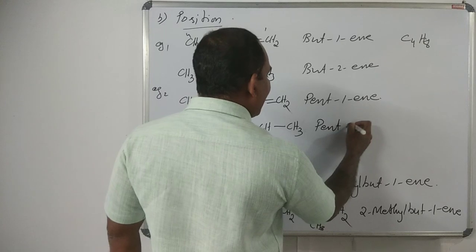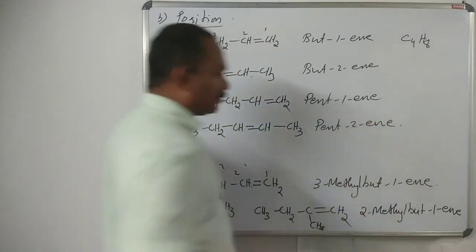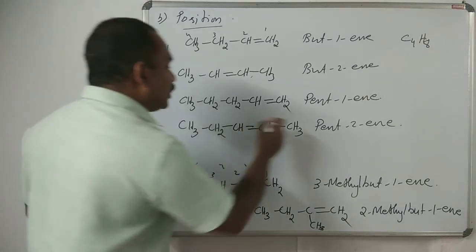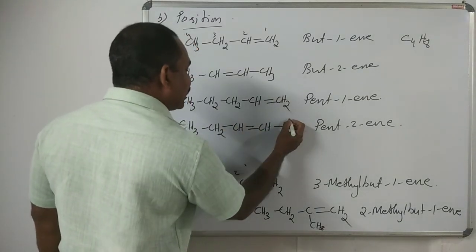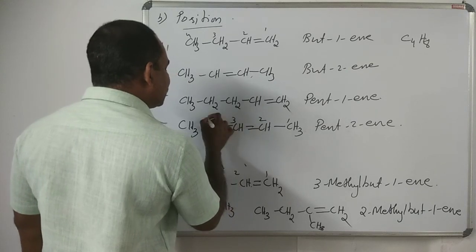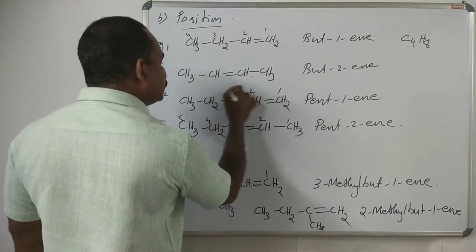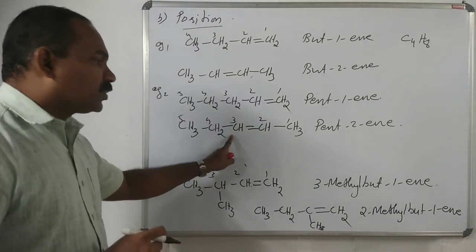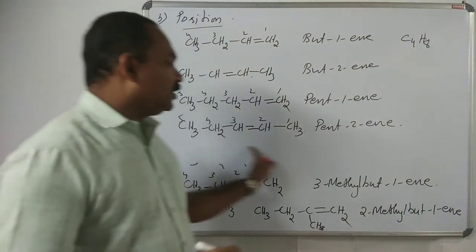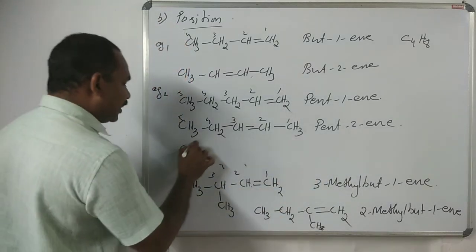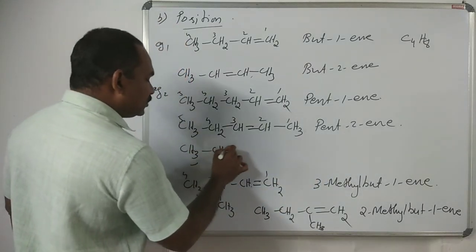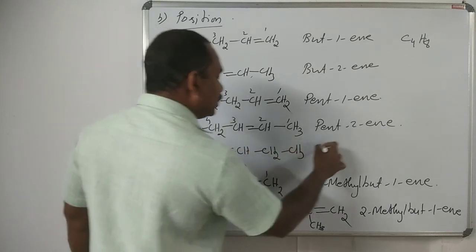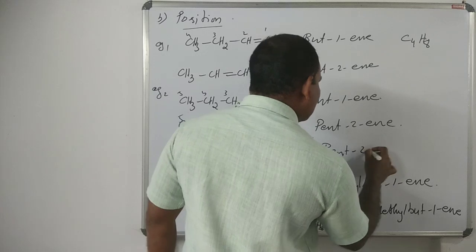It is pent-2-ene. Pent-2-ene. So here the numbering is from right to left, 1, 2, 3, 4, 5. What happens? The double bond comes between these two carbon atoms. The numbering is done from left to right. Okay, I just write CH3, CH double bond CH, CH2, CH3. Same molecule, pent-2-ene.